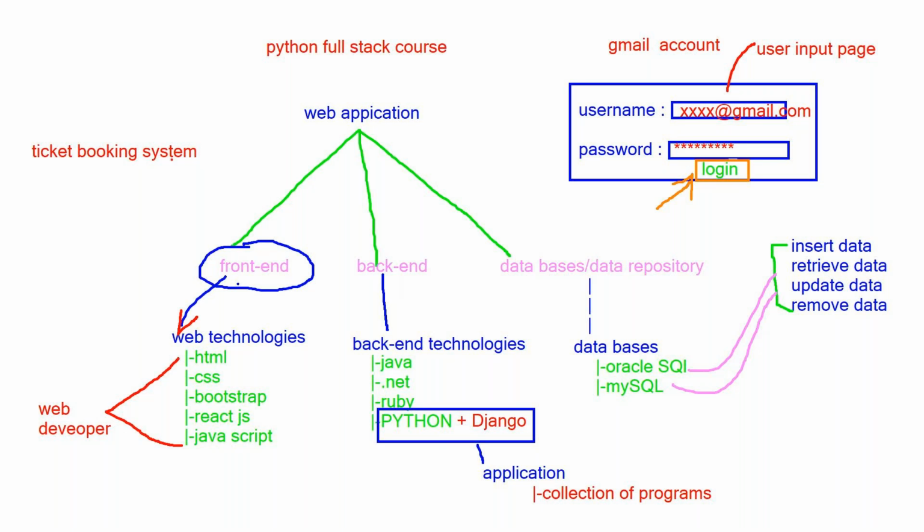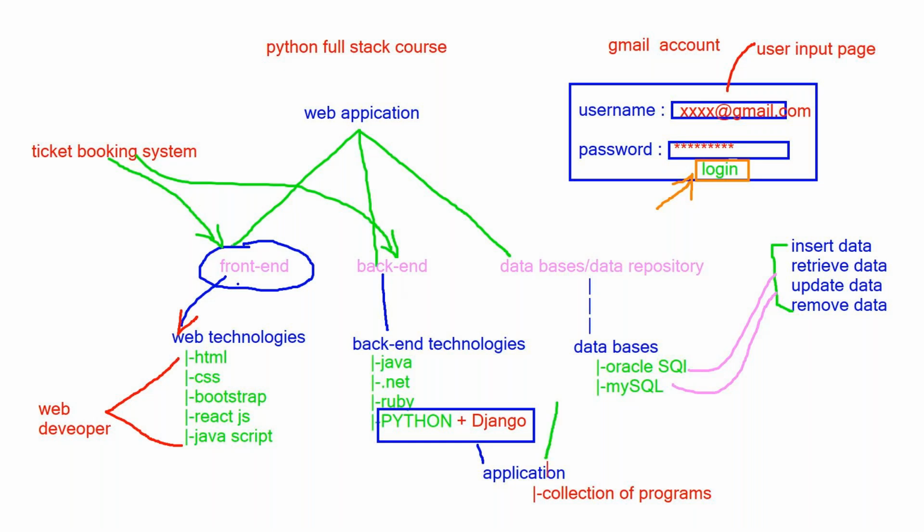If the ticket booking system is going to be a web application, what is required? A front end is required, and we are going to develop that using web technologies. And a backend is required. We are going to develop that using Python plus Django. There are two flavors in web applications.